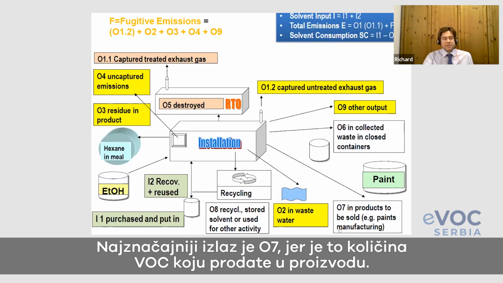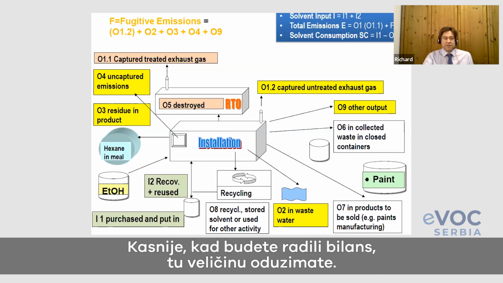Most important is O7, because why? Because O7 is that quantity of VOCs that you sell, that is in your product. And remember, later when we do the balance, you are allowed to subtract this here.